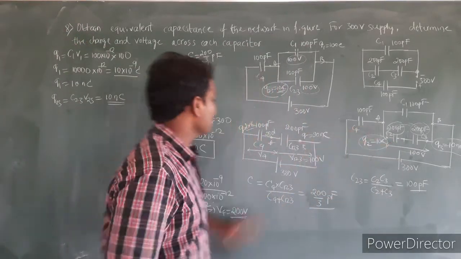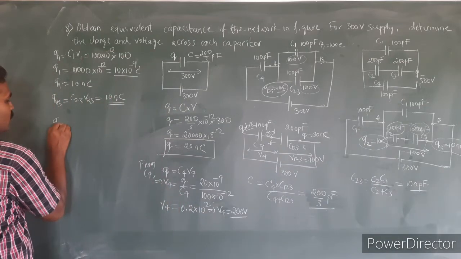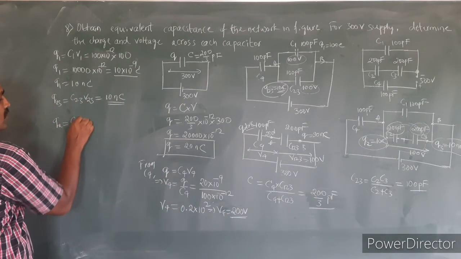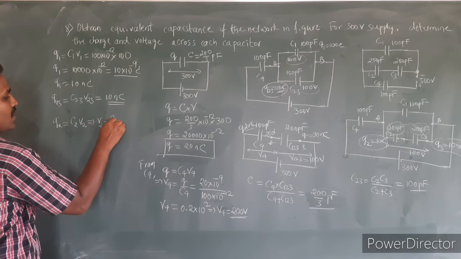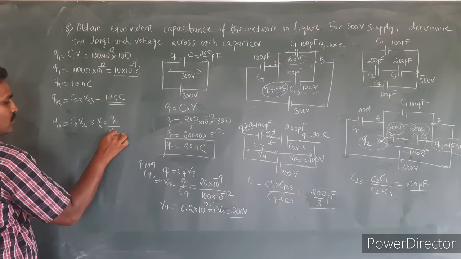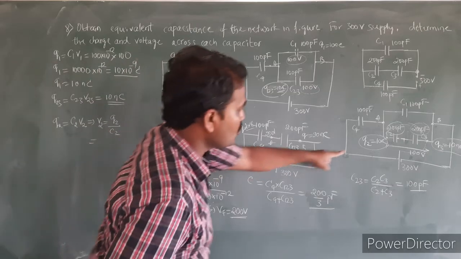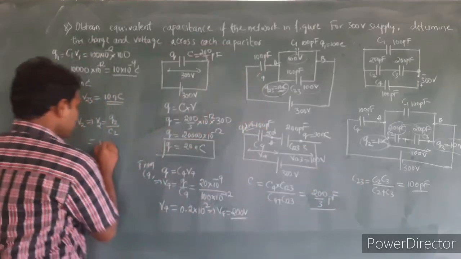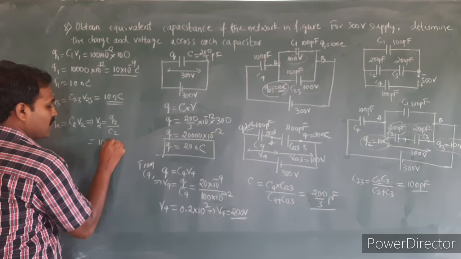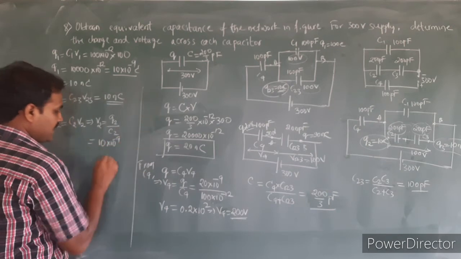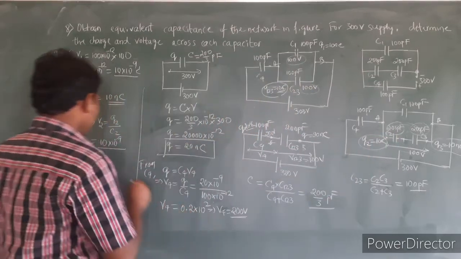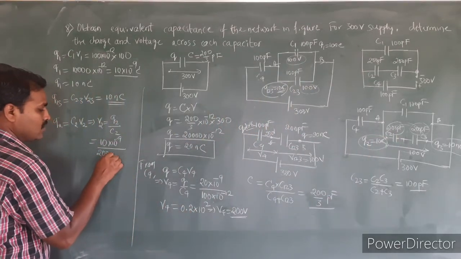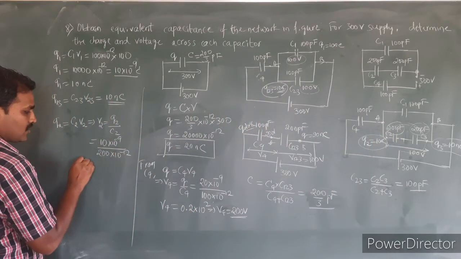Consider capacitor C2 here. I can write Q2 is equal to C2 into V2. By this I can write V2 is equal to Q2 divided by C2. Q2 is 10 nanocoulomb, that is 10 into 10 to the power of minus 9, divided by the capacitance of that capacitor, that is 200 picofarad, 200 into 10 to the power of minus 12.